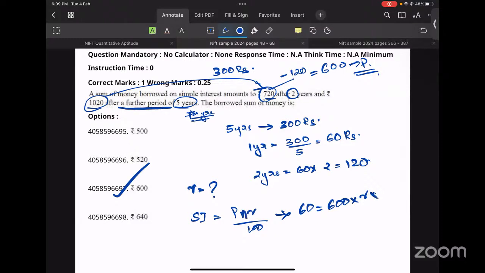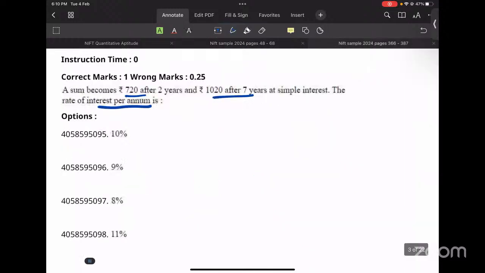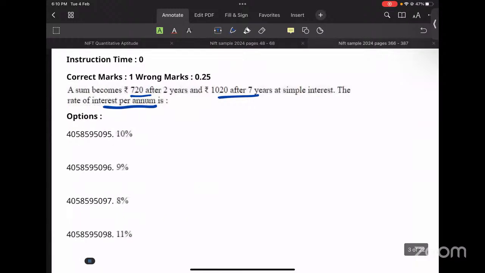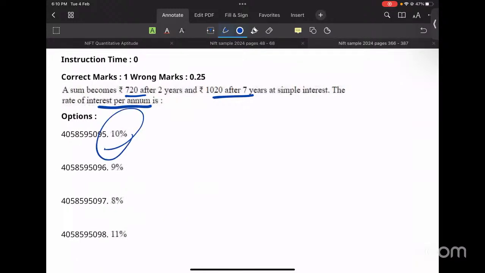Number of years is 1 year, by 100. So the zeros cancel, and when the 6 comes here, 60 by 6, that is equal to rate 10%. You can find that 10% here. 10% is the right answer.